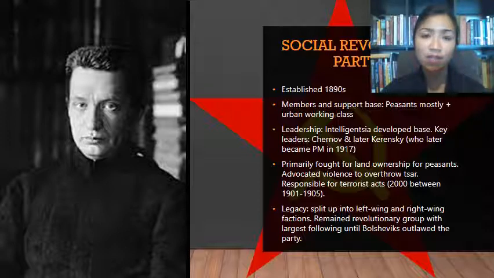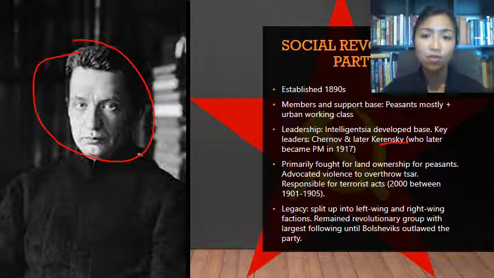They really believed that the peasants were crucial to the revolution, and this made them the main political party of rural Russia. They were overwhelmingly popular all over Russia, and in 1917 they would have a majority in the Duma. In fact, Kerensky, over here, would later become Prime Minister in 1917.